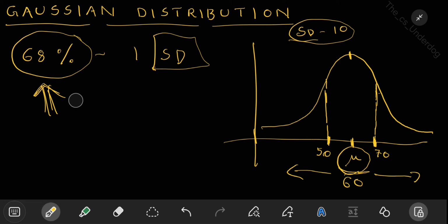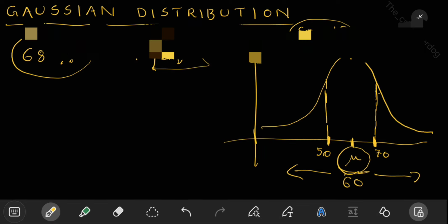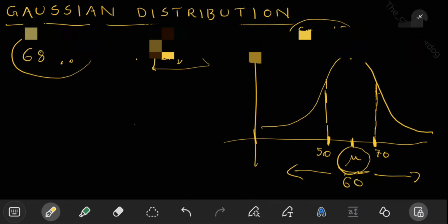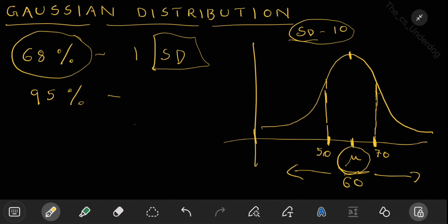So this is the first characteristic, and now the second speciality of a Gaussian distribution. We talked about one standard deviation. The second speciality is that if you take a Gaussian distribution, then 95% of your total data will be within two standard deviations from your mean.